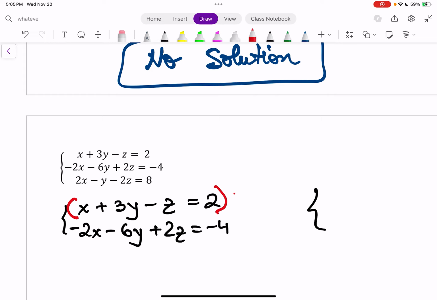So I'll multiply the top equation by 2, because 1 goes into 2 times. And so that'll get me 2x plus 6y minus 2z equals 4.